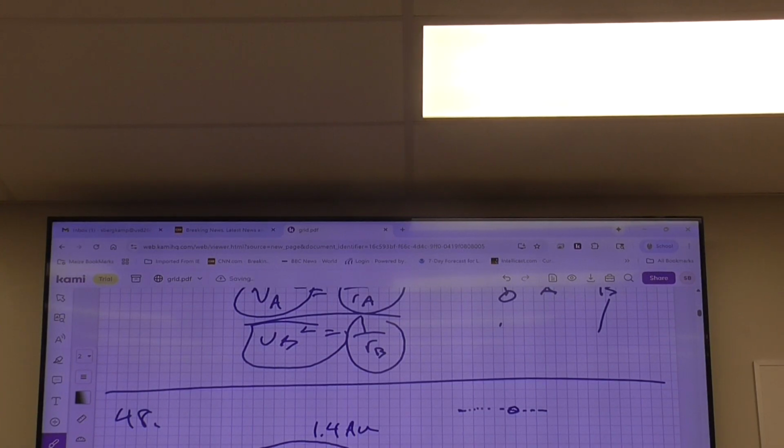In other words, this planet is 1.4 times farther away from the sun. If you compare that to Earth's orbit, we're at 1.0 AUs, so this planet is a little bit further out.